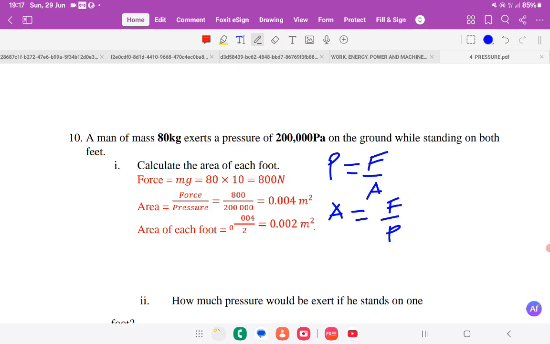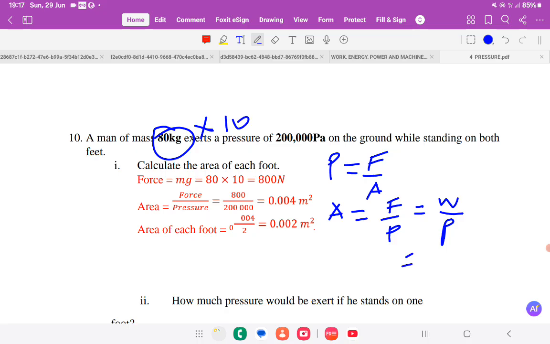But what is force? Remember, force is equal to weight. So you take the weight of the man divided by the pressure that he is exerting. We are given kgs here, so you change this to newtons by multiplying by 10, which is 800.